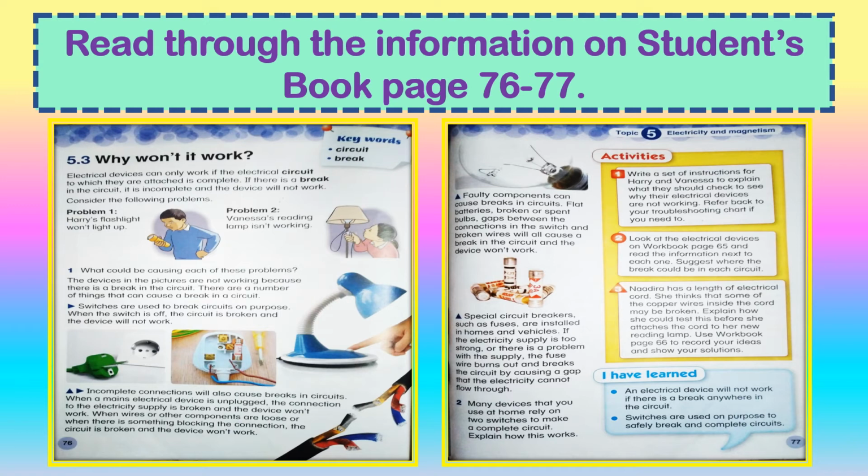If the electricity supply is too strong or there is a problem with the supply, the fuse wire burns out and breaks the circuit by causing a gap that the electricity cannot flow through. Many devices that you use at home rely on two switches to make a complete circuit. Explain how this works.